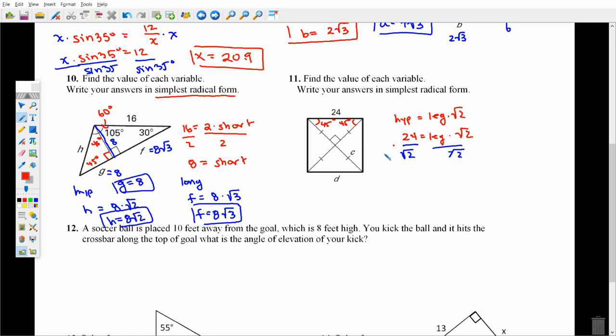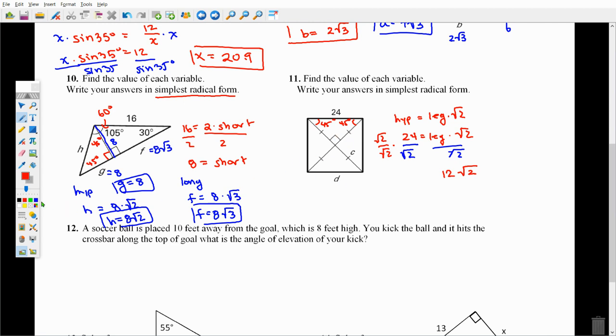And when you simplify this, you could do it by hand if you'd like. What you end up getting is 12 square root of 2. Let me just double check that actually. 24 divided by square root of 2. Yes, you get 12 square root of 2.